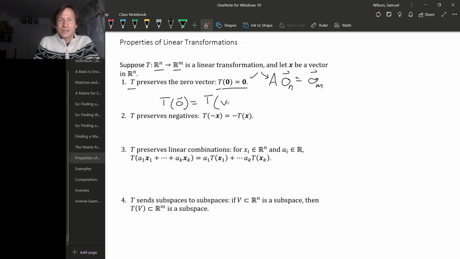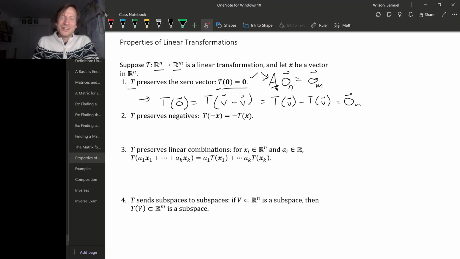The zero vector is that vector minus that vector. But then we can use the characteristic property of linear transformations to shuffle things around like this. But that's the zero vector, except the m-entry zero vector this time. So even if we didn't have matrices, we still would know that any linear transformation sends the zero vector to the zero vector.